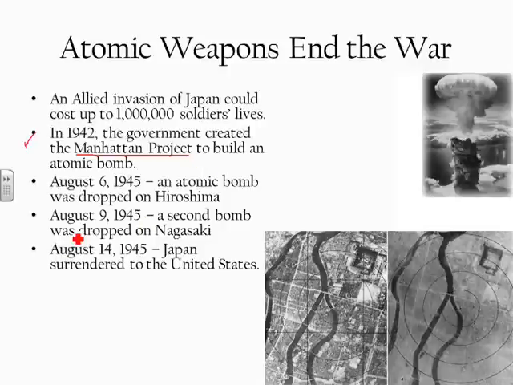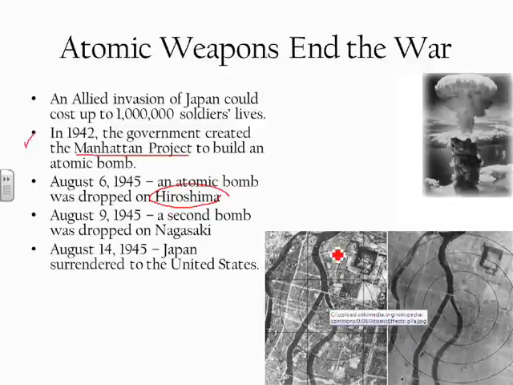So as the United States starts to advance through the Pacific, Japan refuses any offer to surrender. So August 6th, 1945, the first atomic bomb is dropped on Hiroshima. All right, and if you're thinking about it, you could always ask Mr. Johnson, he'll always talk to you about the science behind it, right? But from a social studies perspective, I can tell you, okay, the whole idea here was to send a quick message, save as many troops as we can, right?